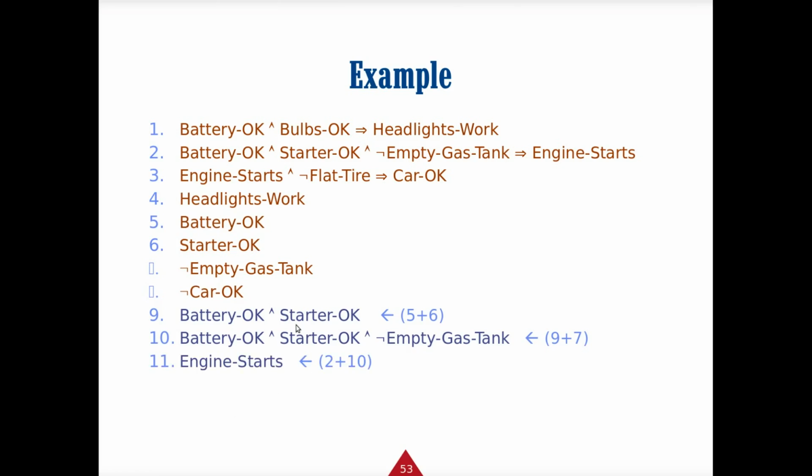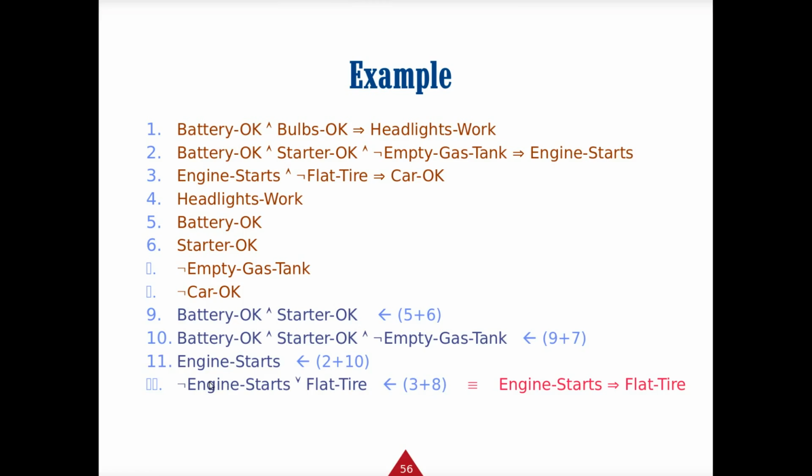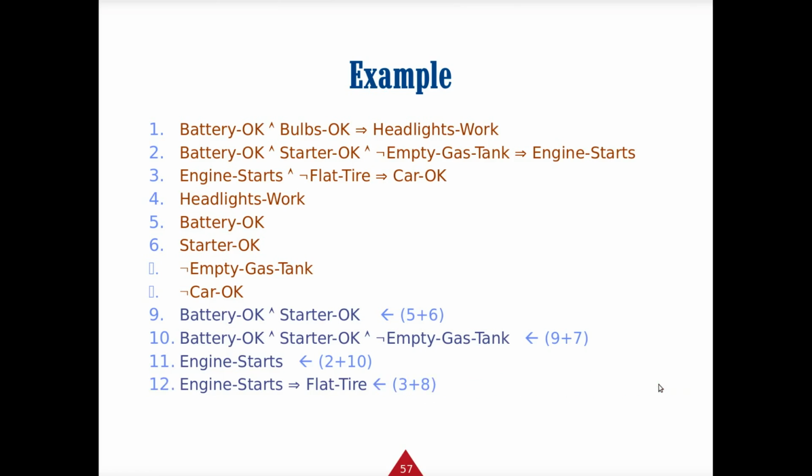The engine starts, so we know if those are true, the engine's going to start, and if the engine does not start or we have a flat tire, that means the car's not okay. So since we have the engine starts and the car is not okay, that implies that we have a flat tire.